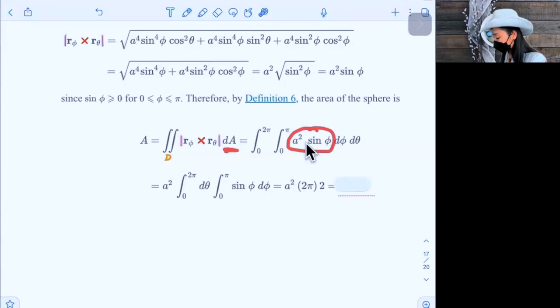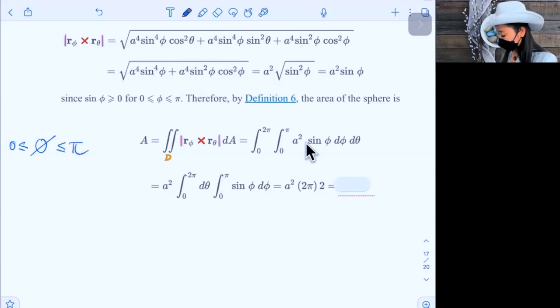And then dA, what's dA? Remember, the phi over here is going to be 0 to pi, okay? And the theta over here is 0 to 2 pi.